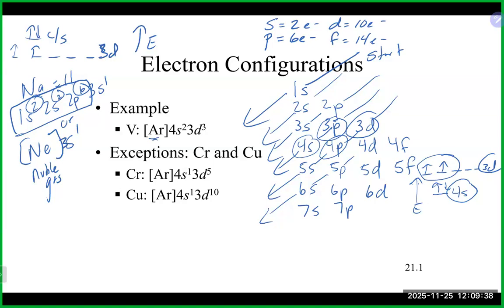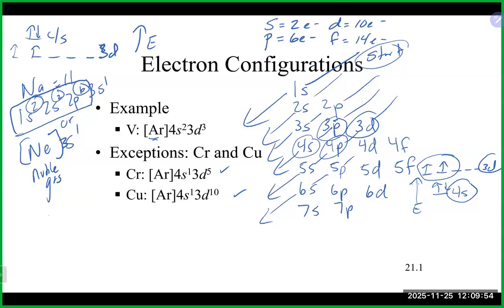So there are also some exceptions if you follow this chart. You will run into some exceptions. Probably the two that you are responsible to know are chromium and copper on the periodic table. Those two are exceptions.